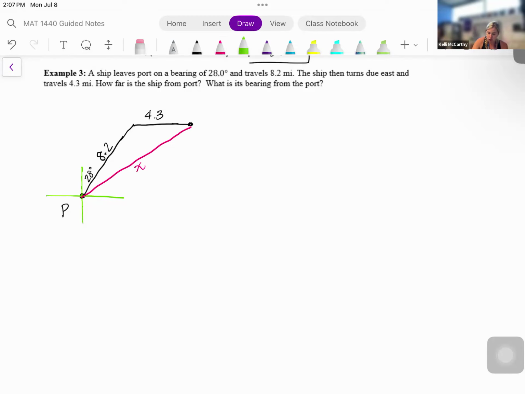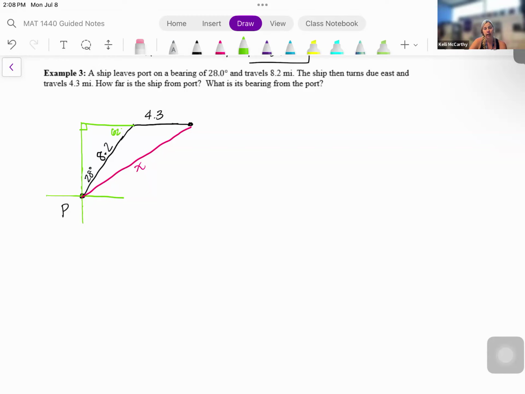I'm going to build a right triangle using that compass, that due north and that due east segment, and that forms a right triangle. And what that allows me to do is figure out that top angle in the right triangle. We know that the bottom one is that 28 degree bearing, and the top angle is going to be 90 minus 28 degrees, or 62 degrees.